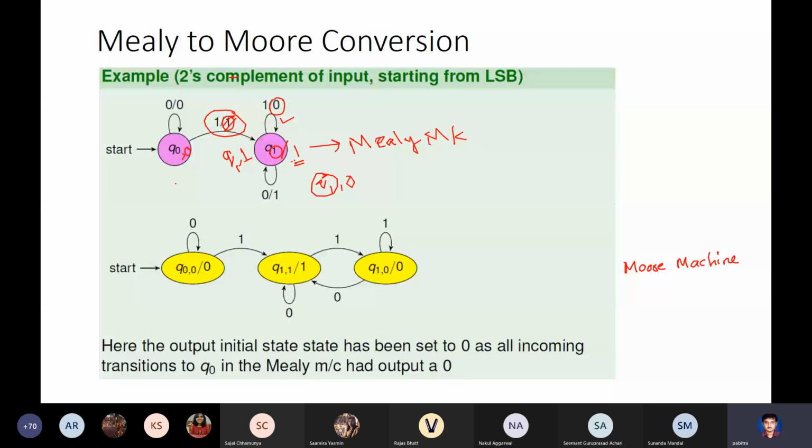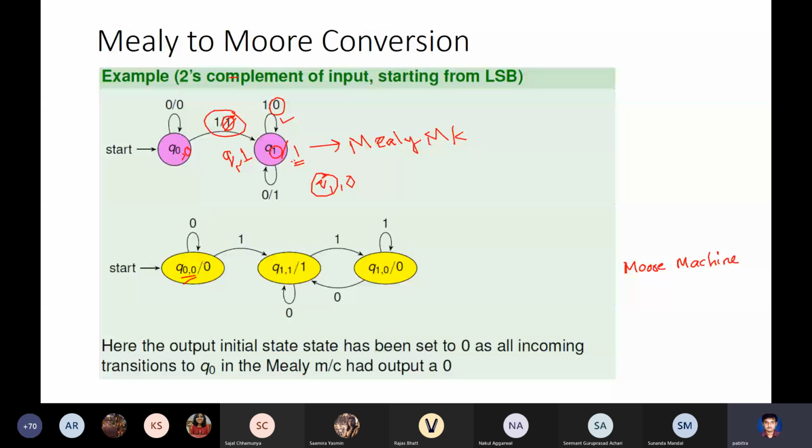I have written Q0. Just to maintain the same terminology, even though just Q0 would have sufficed, and to tally with the rest of the things, I have written Q0, 0. And you see the output is 0. That's what this says: the output is 0 when I'm in Q0. Fine.